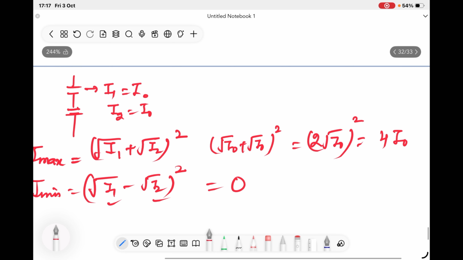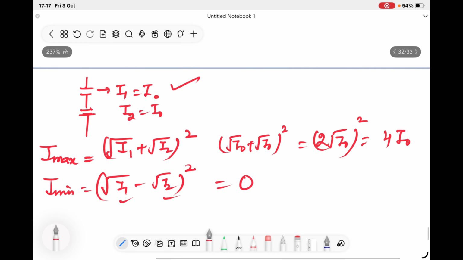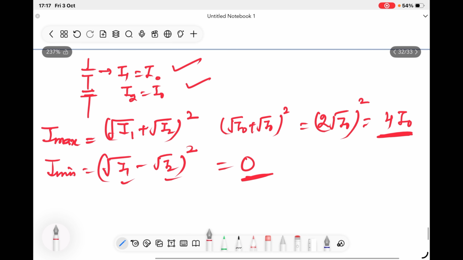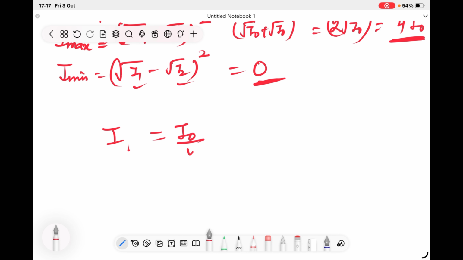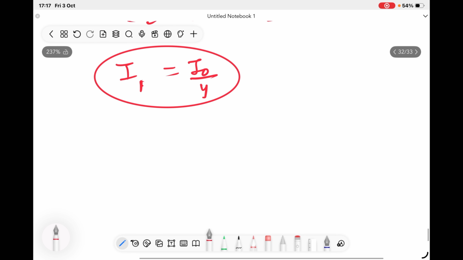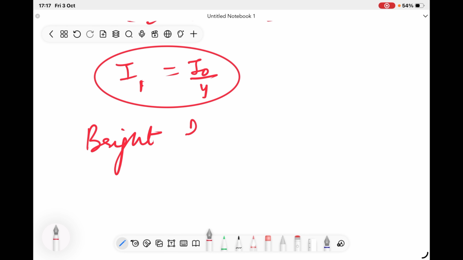If it is ordinary Young's double slit experiment, intensity of both the slits are equal, and I max, bright fringe intensity, is this much, minimum intensity is dark. Dark is completely dark. But now if intensity of any one is reduced, then what happens? Like I've taken this value. If it is reduced, then bright will be less bright. Bright fringe will become less bright.